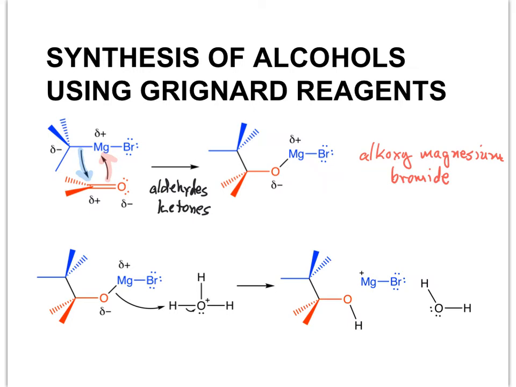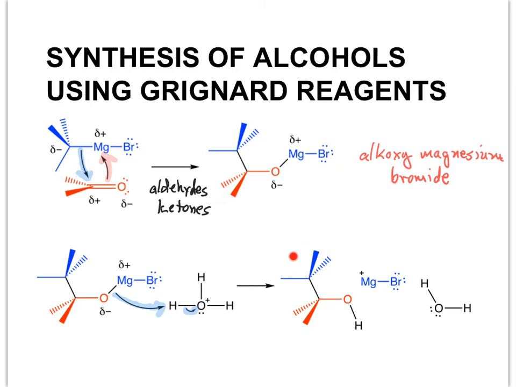Then, if we want to make an alcohol, we put in some aqueous acid. The alkoxide can take the hydrogen ion, and water is released. The electrons in this bond become the electrons in the oxygen-hydrogen bond.